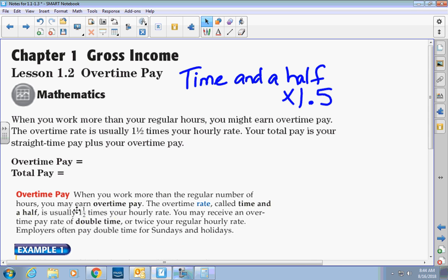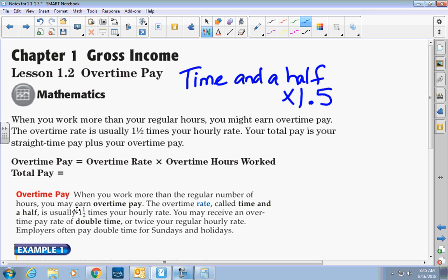All right, so overtime pay. Overtime pay is your overtime rate times the number of overtime hours worked. The overtime rate is your normal rate multiplied by 1.5, or 2 in some cases.